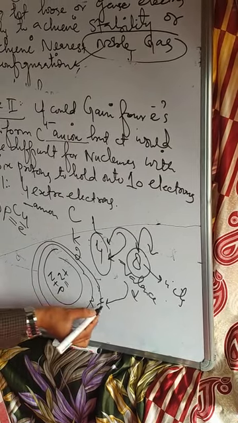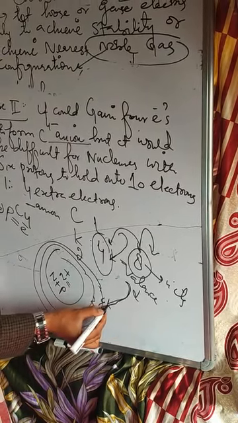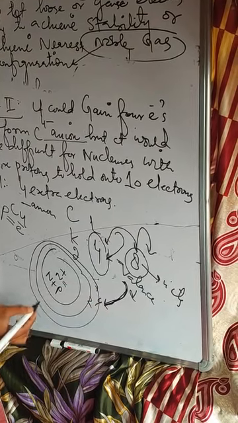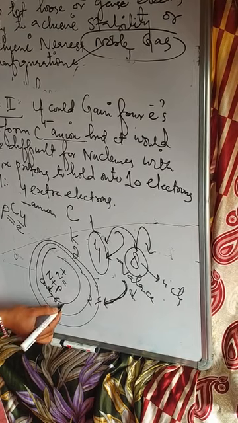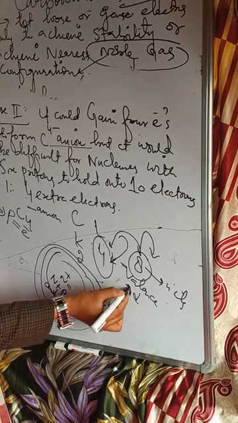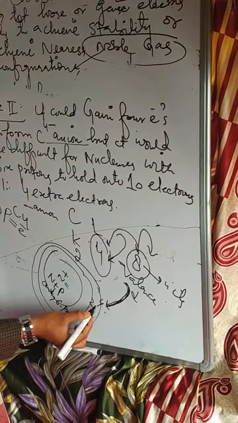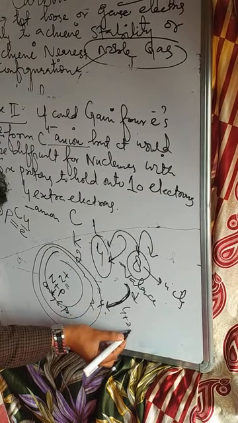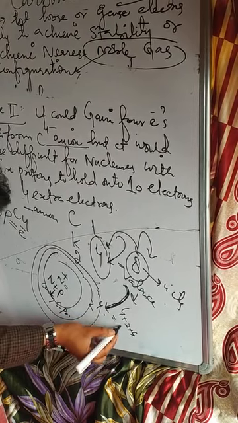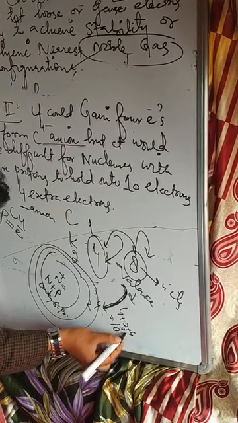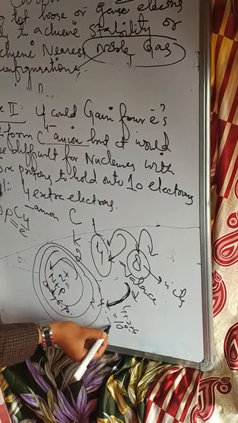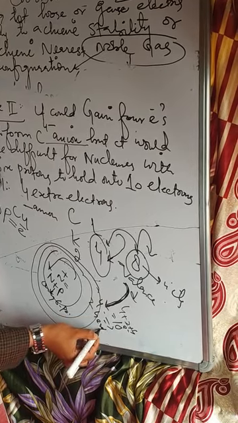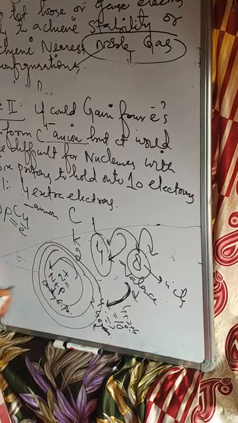It has only 6 protons in its nucleus, and it will gain 4 electrons. That means 4 plus 2, and 4 more electrons, so it will have 10 electrons. And it will be difficult for the nucleus to hold these 4 extra electrons.